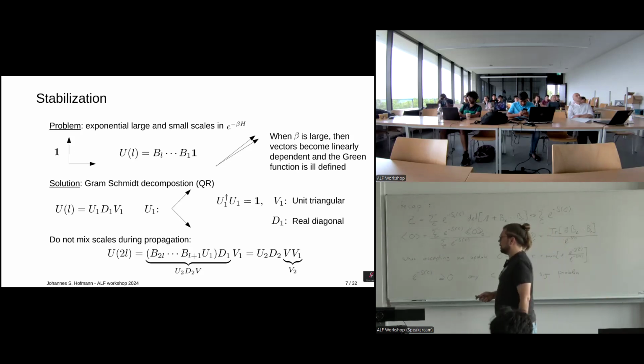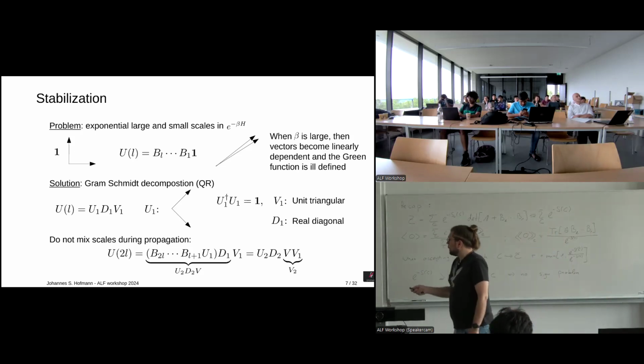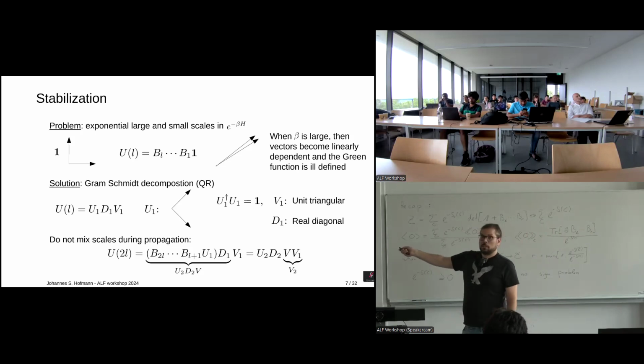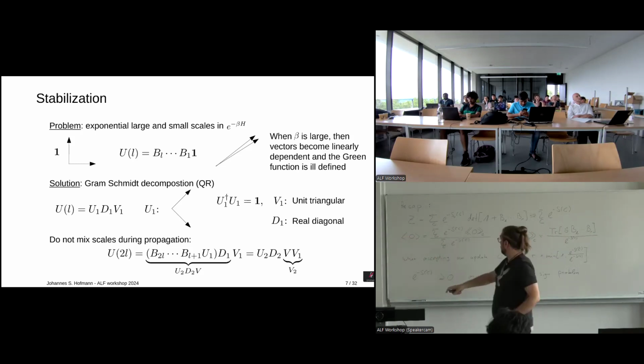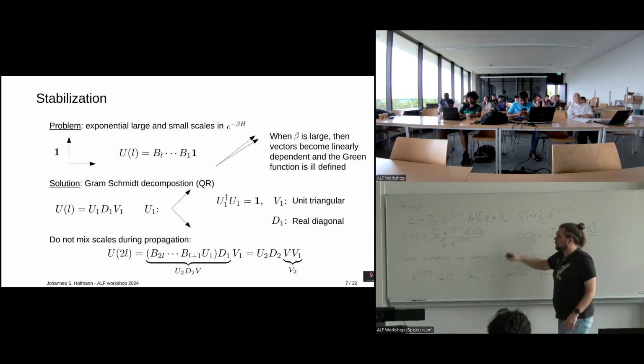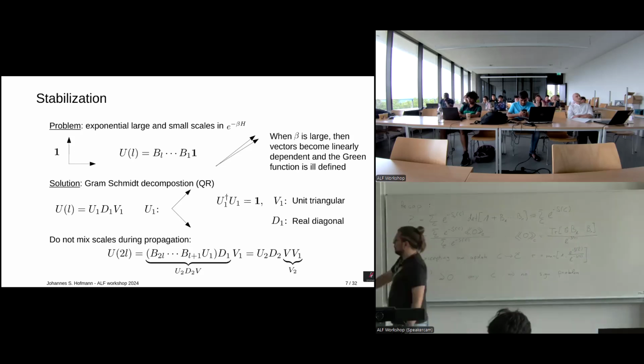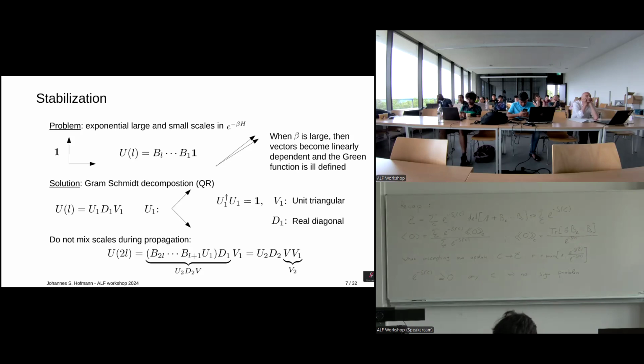Now, let's say you have done this for the first set of B matrices. Typically, L has to be some finite number, otherwise the scale that you generate is too large. But we have more B matrices here in the determinant. So you keep the UDV from the first stabilization. You apply the B's to the U and the U only, so you start rotating and mixing the scales again.